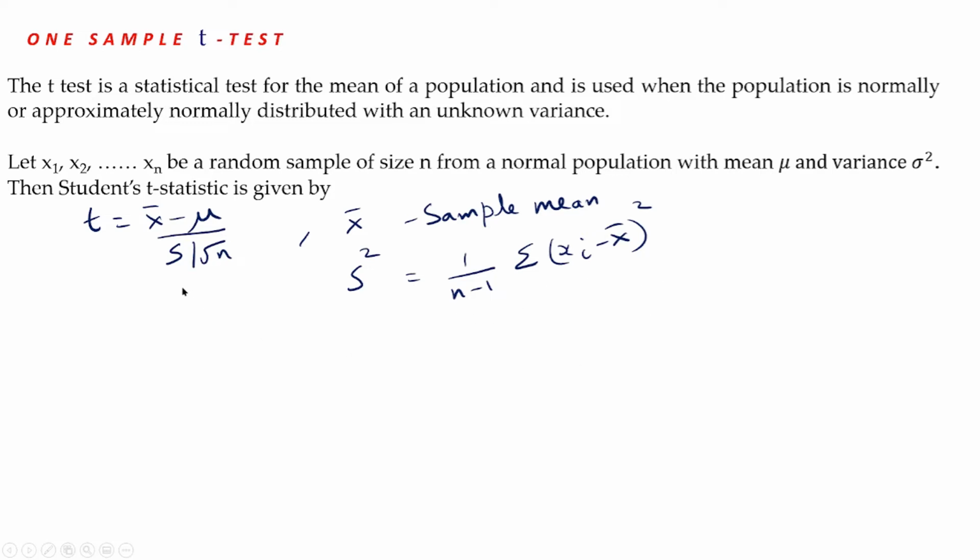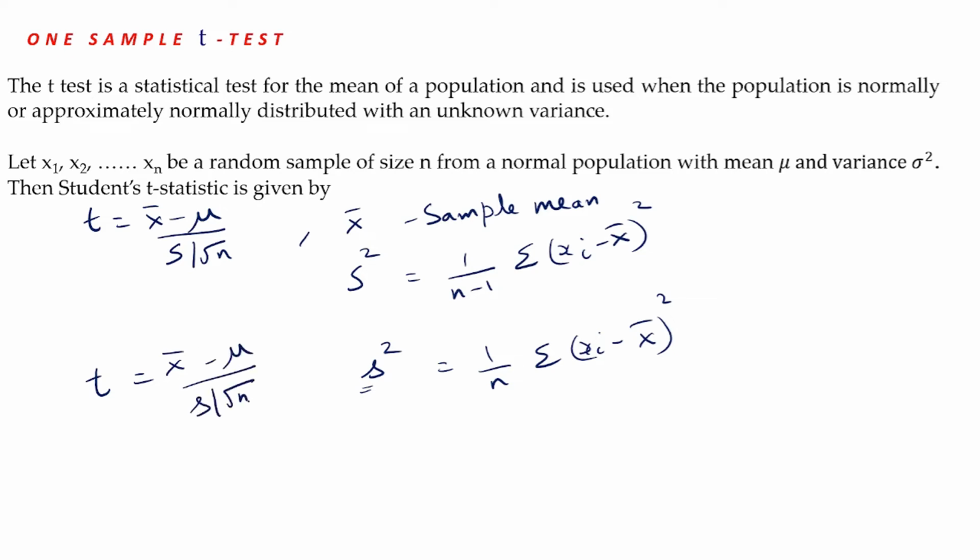On the other hand, if the sample standard deviation is given, that is small s, where the sample variance is given by 1 by n summation xi minus x bar the whole square, then we have to use the t statistic as x bar minus mu upon s by root of n minus 1.